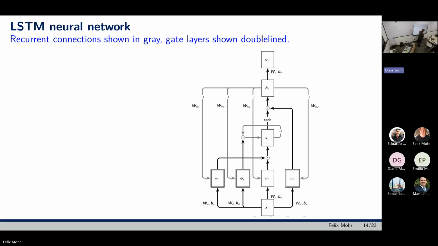But now we do not directly update the HT based on this UT, but we put something in between. And what we put in between is, let's call it the brain cell. So HT is responsible a bit for the communication part, how to interpret a new message that arrives. And we want this cell to be more like a brain that is a bit decoupled from this communication that comes in and goes out.